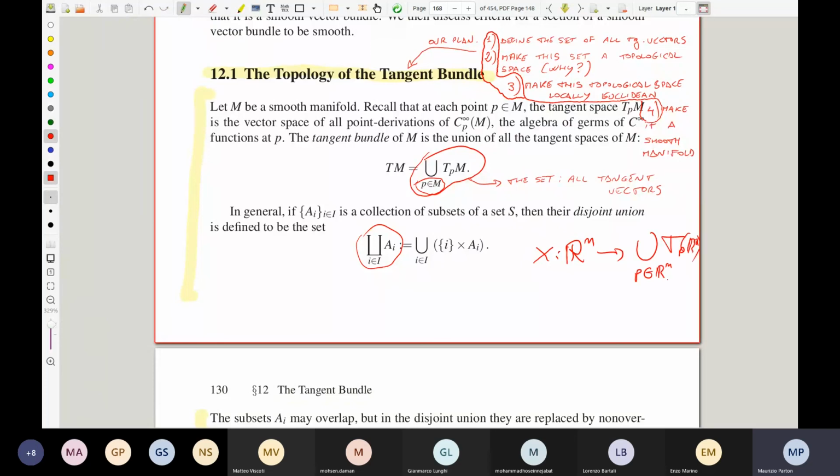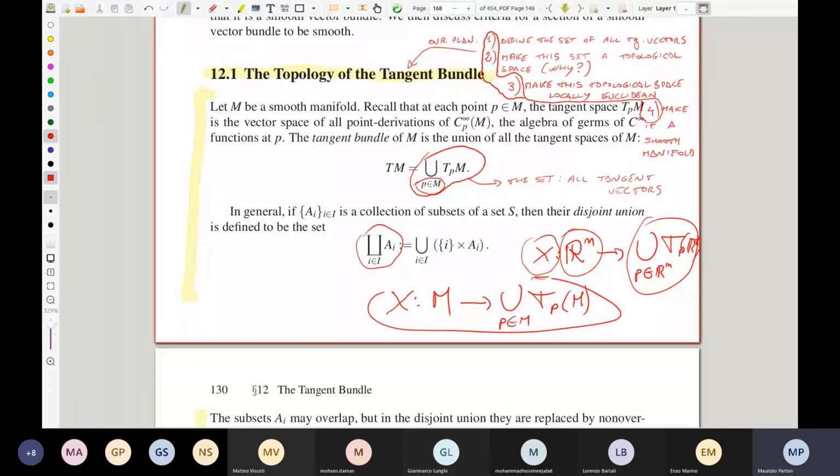Okay, and I told you this vector field is smooth if its components are smooth, and so on. We would like the notion of a vector field on a differentiable manifold to be smooth when it is smooth as a map in this way.